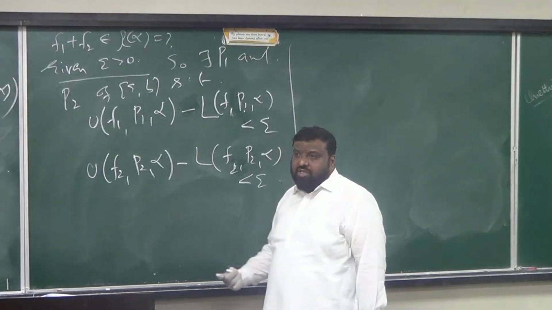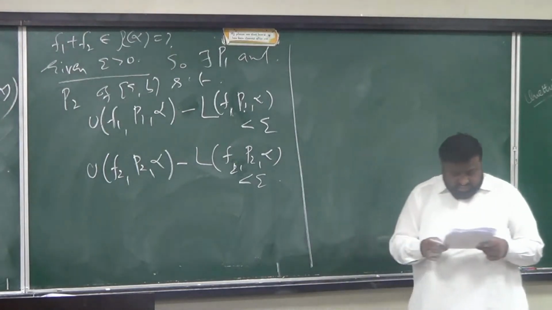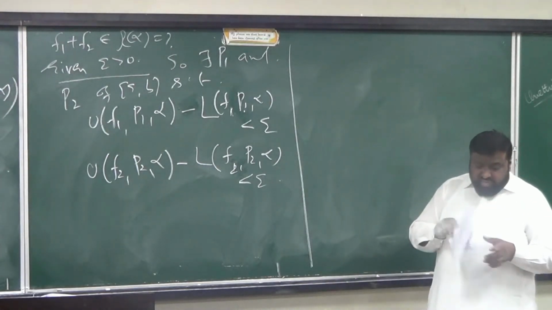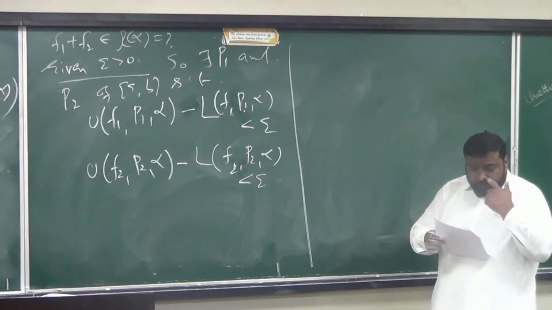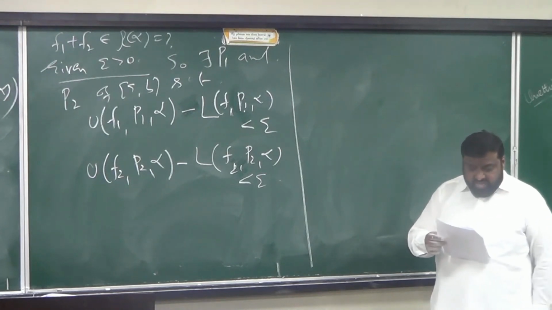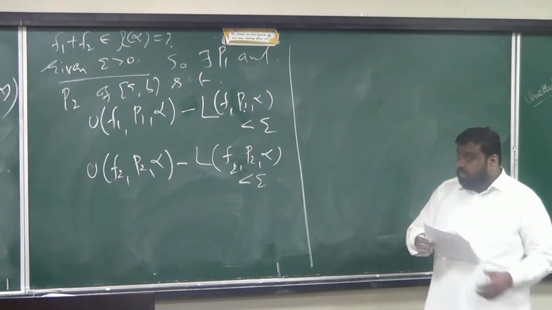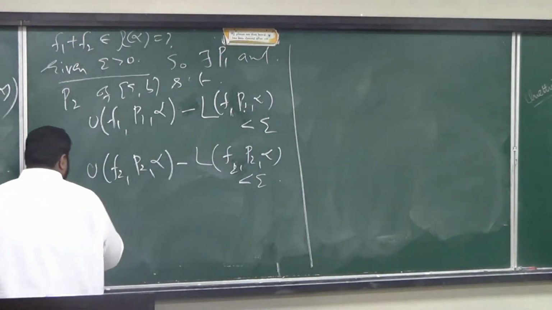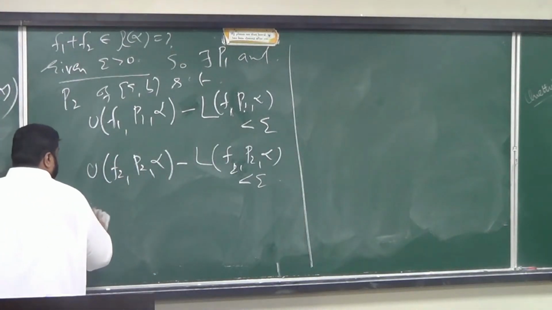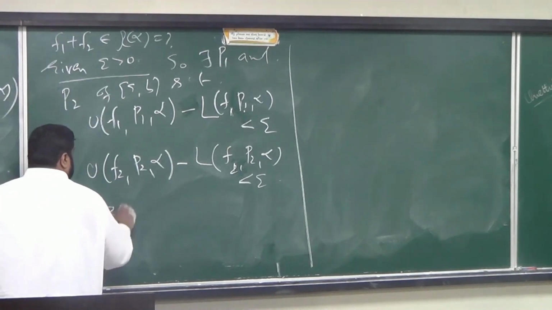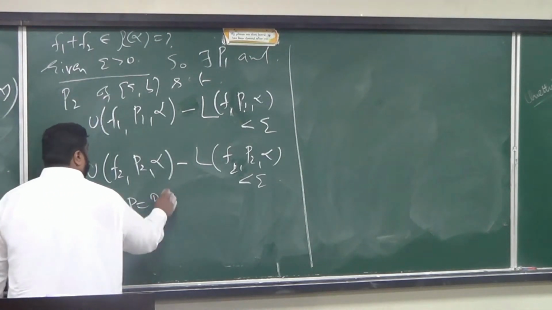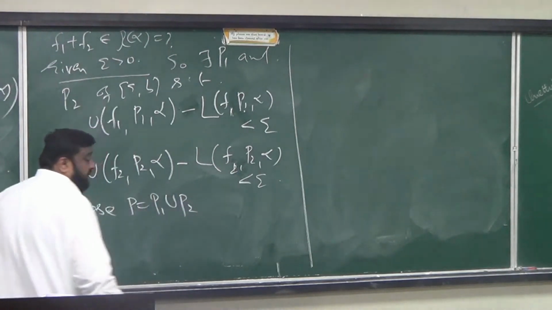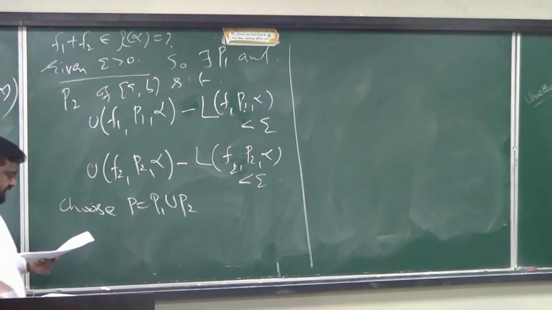But we need to find a partition. What should the partition be? So obviously the natural choice would be to choose a refinement, that is, choose P to be P1 union P2. But my claim is that this is going to work.